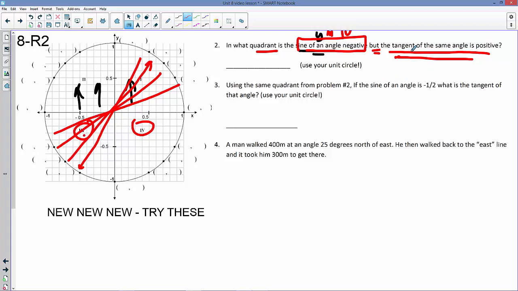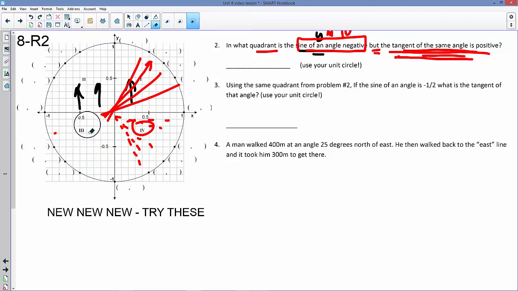They want this quadrant here, not this quadrant, because here all the diameters have negative slopes. So all that just did for me is indicate quadrant 3.